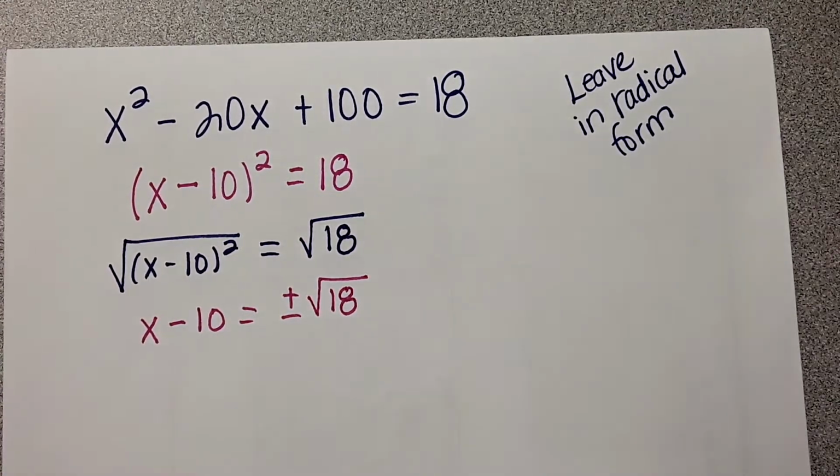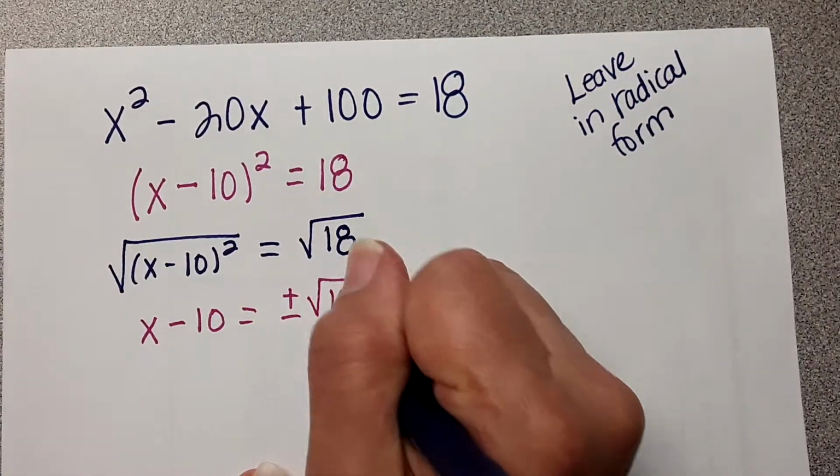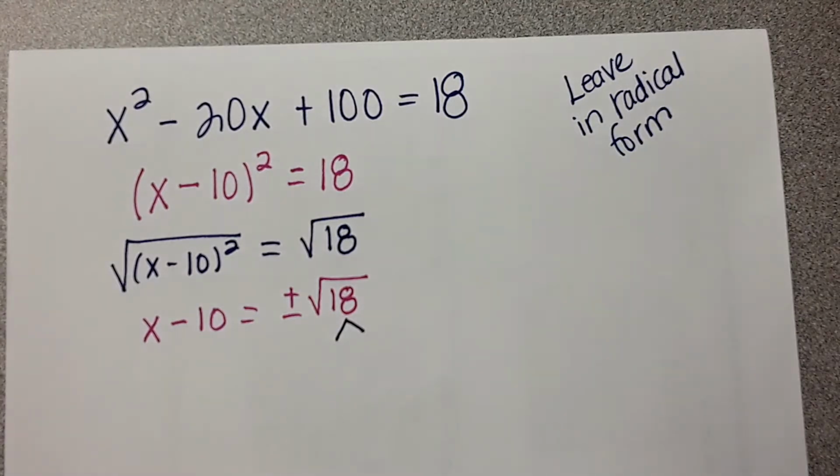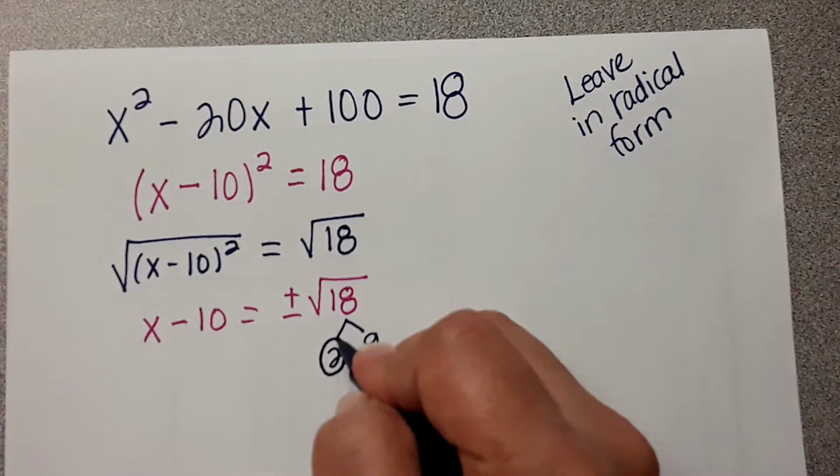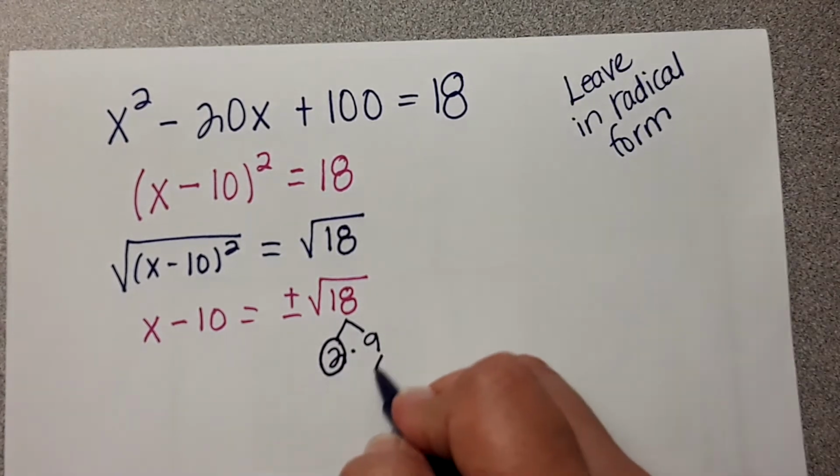You guys, the square root of 18 is not perfect. So what I need to do is simplify it. So I'm going to do the little tree. Two numbers you can multiply to get 18 are 2 and 9. I circle 2 because that's prime.